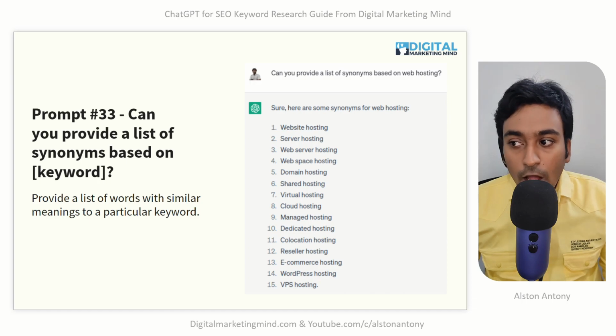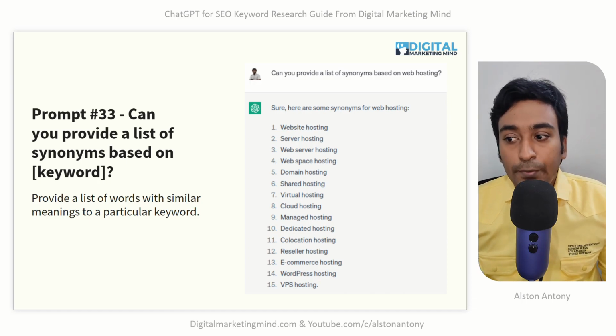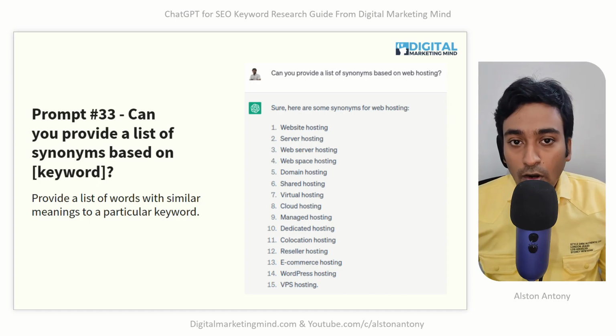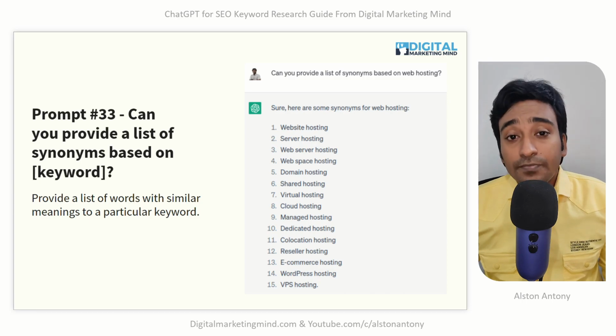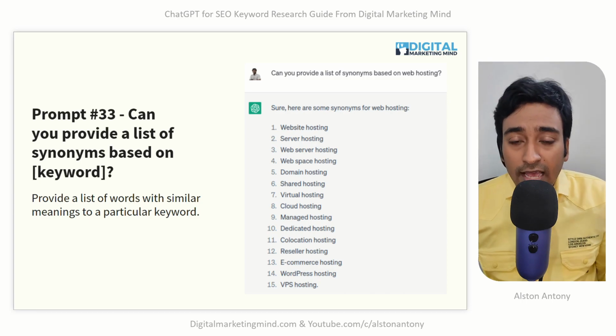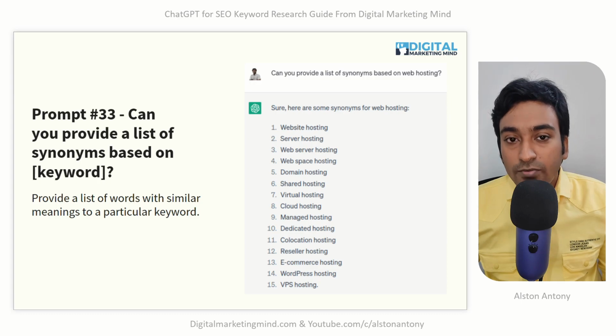For example, when you're creating content on web hosting, it will be a lot more advantageous when you include all the synonyms throughout your content, where it makes sense, which automatically dilutes your anchor text ratio and also targets various other words relevant to your main keyword.